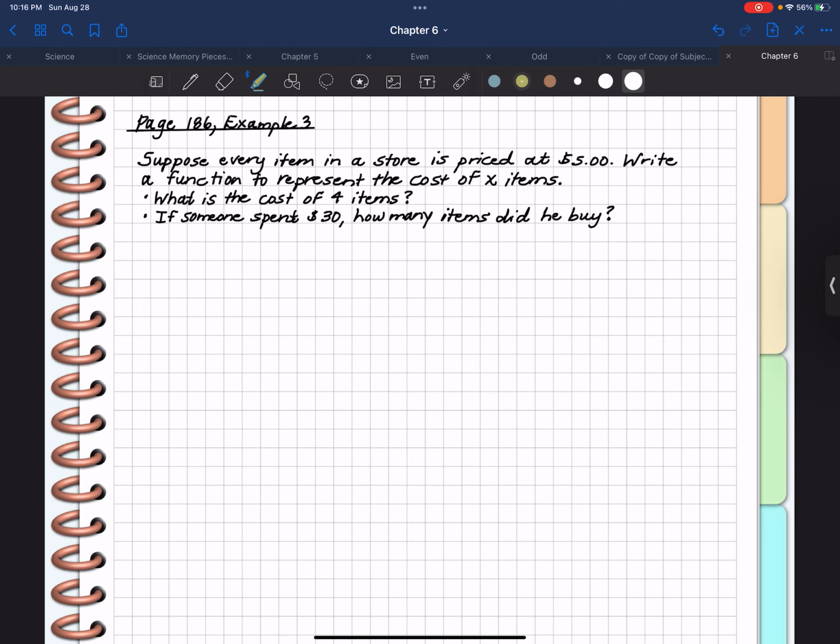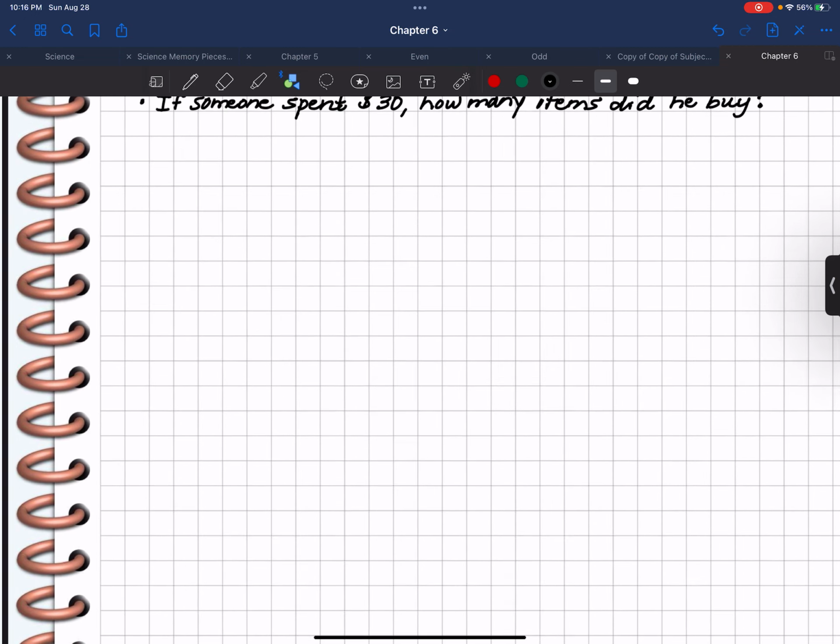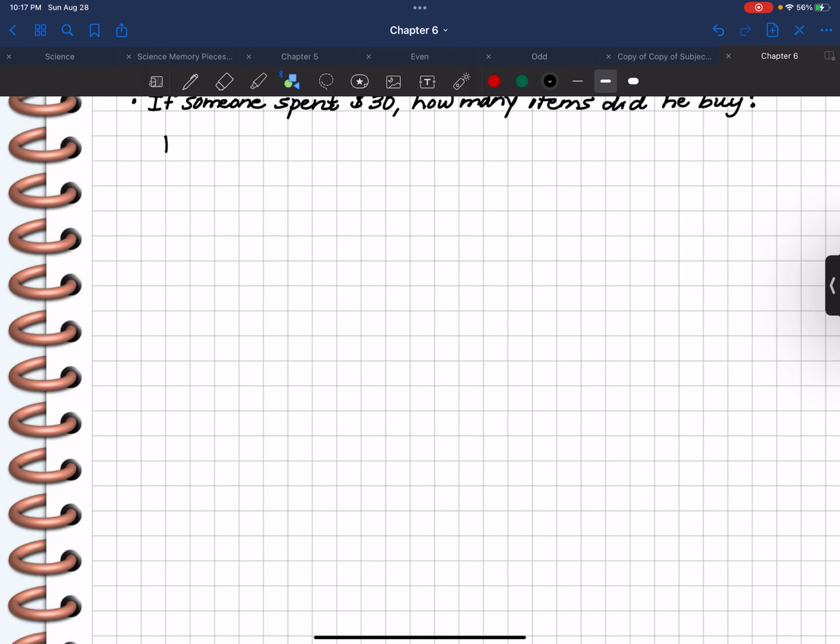Every item in the store is priced at $5. And we want a function to represent the cost of x items. So I'm going to start this one off with something you're familiar with, and that is an input-output table. Okay.